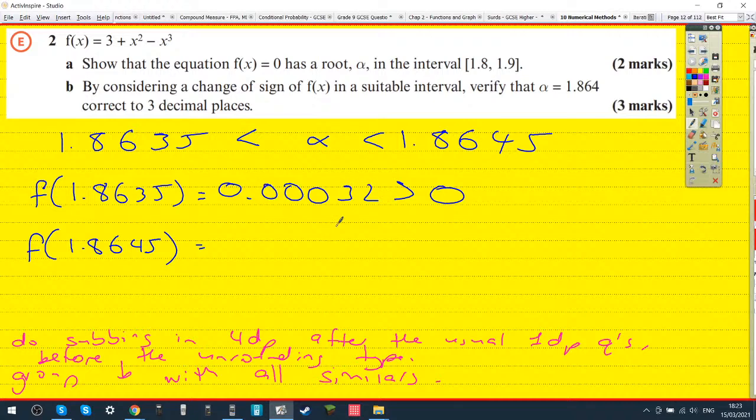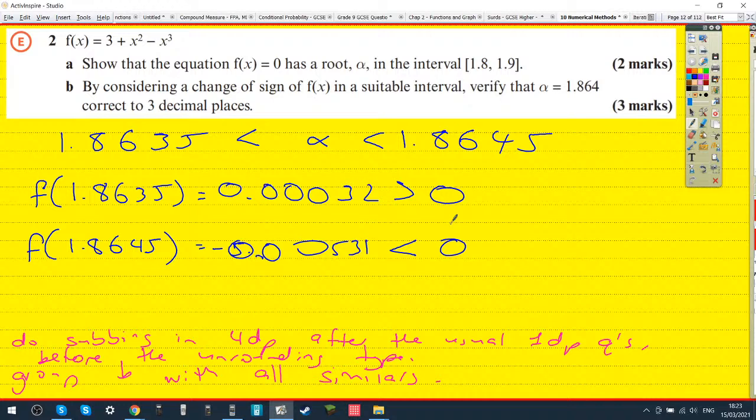And for the next value, I get a negative answer, minus 0.00531 and so on. So that's less than 0.